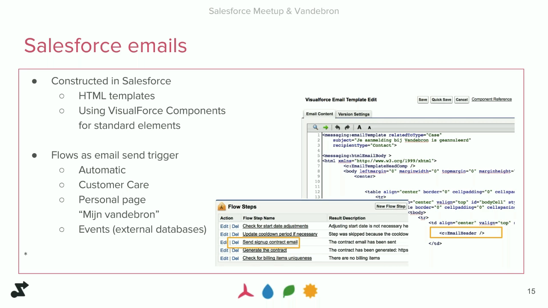Then we have a personal page, which is called My Van der Bron. People can log in there and they can, for example, adjust their monthly payment. So we estimate the amount of energy they will be using. Let's say this is actually the amount that the previous person who lived in their apartment was using, but they are using way less.